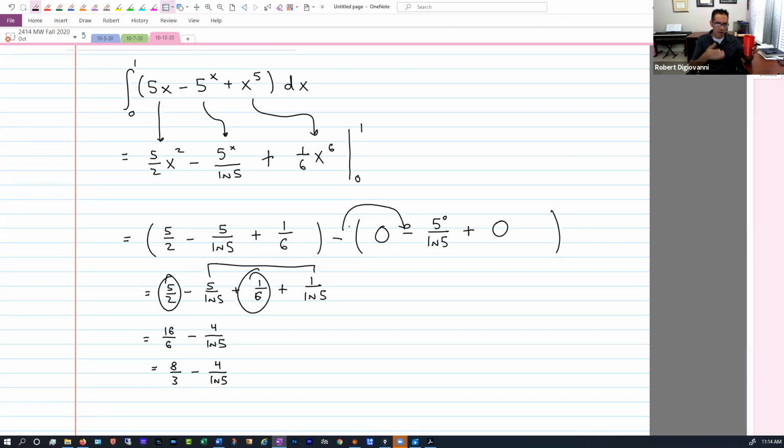Now, if you want to get it on your calculator and get a decimal, you could. Just to finish it off, just so we have an idea of what this area is, it's approximately 0.181. That's what I'm getting.